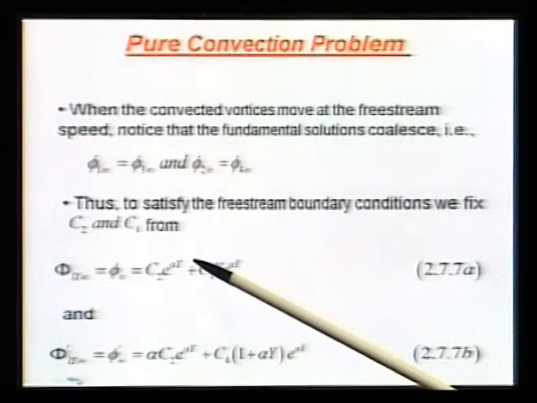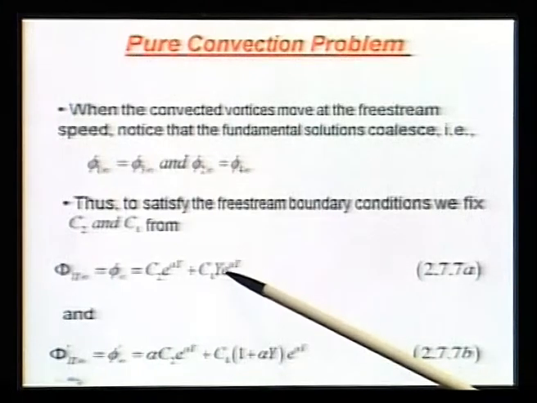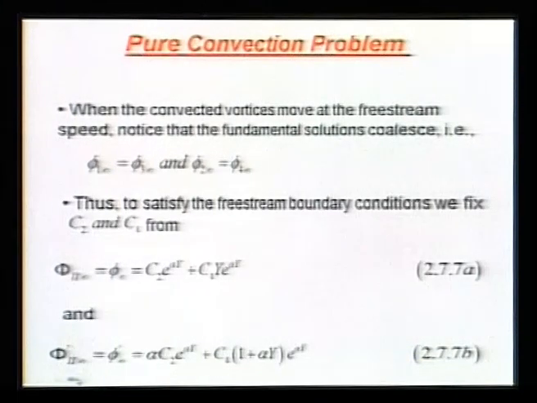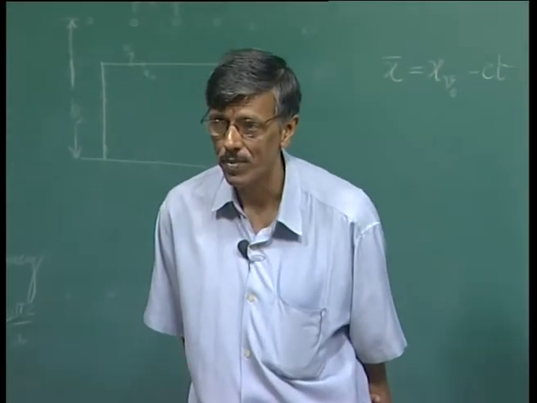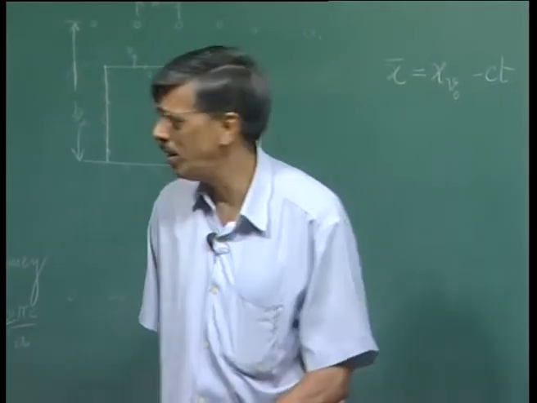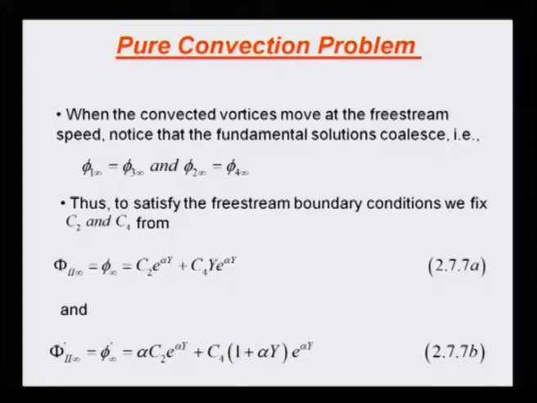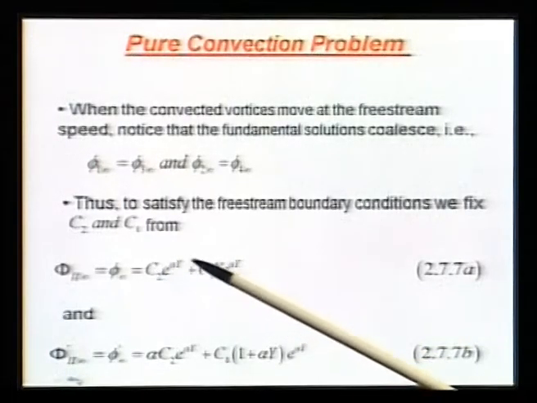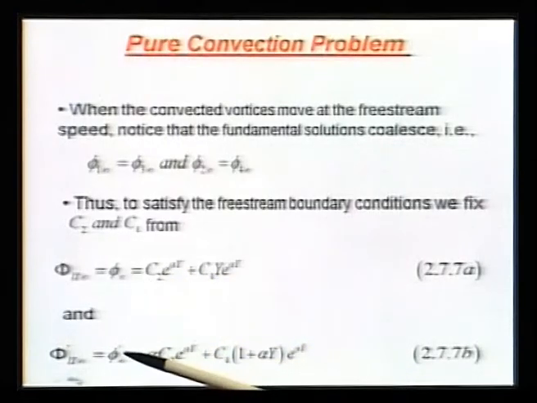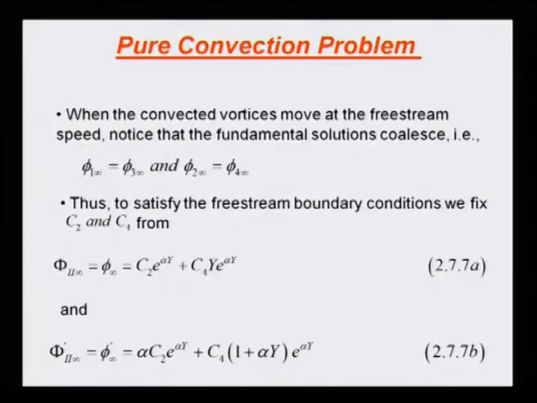Then I can also differentiate it, and I get the corresponding value for phi prime II at y equal to capital Y. So these two equations, 7a and 7b, will help you in solving C2 and C4 in terms of phi infinity and phi infinity prime, right? So we know how to get this case solved.